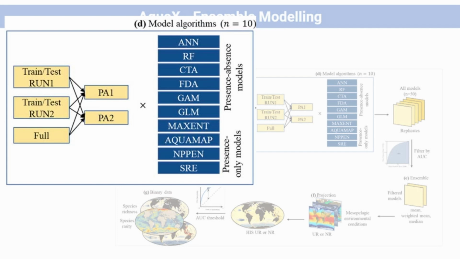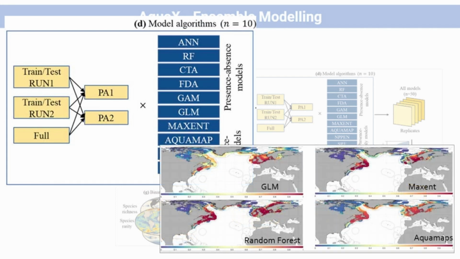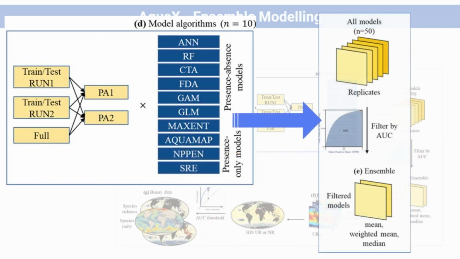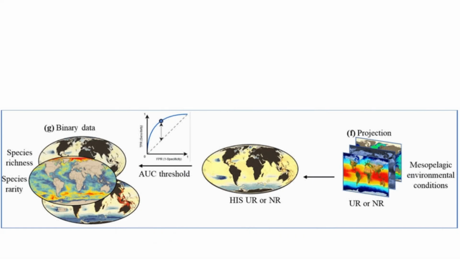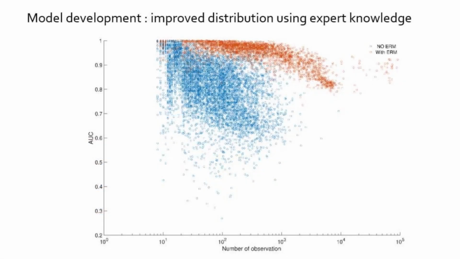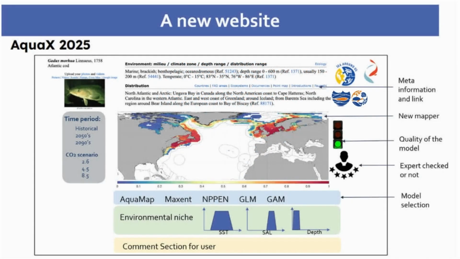This approach uses 10 species distribution algorithms such as generalized linear models, Maxent, random forest, and AquaMaps, and allows for the quantification of model performance and uncertainties for individual species models, as well as macroecological indices such as species richness and change in species rarity. Further model development also involves using expert knowledge to improve modeled distributions. The new AquaX website will be released in 2025.